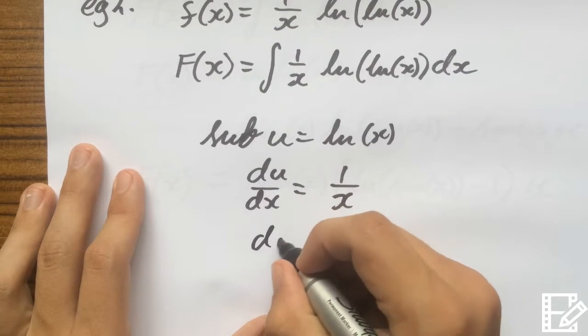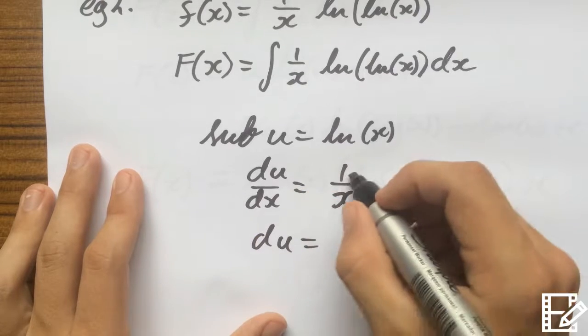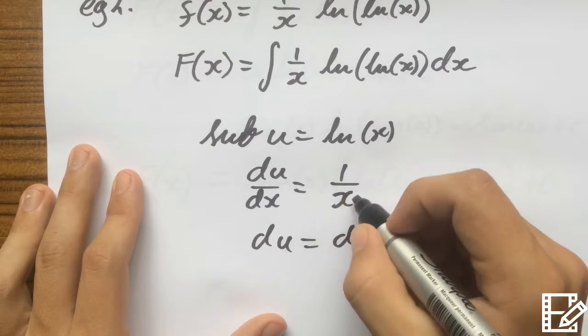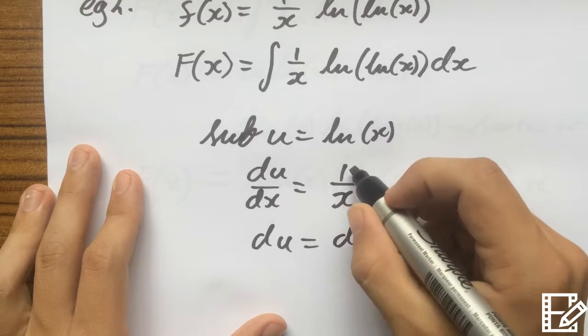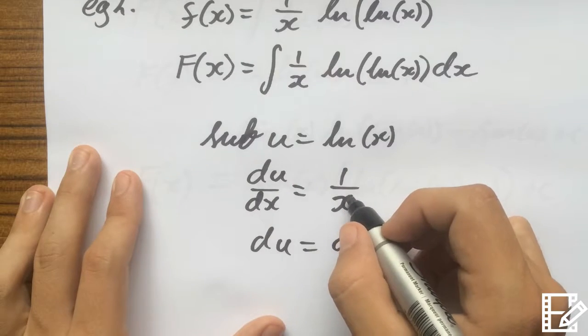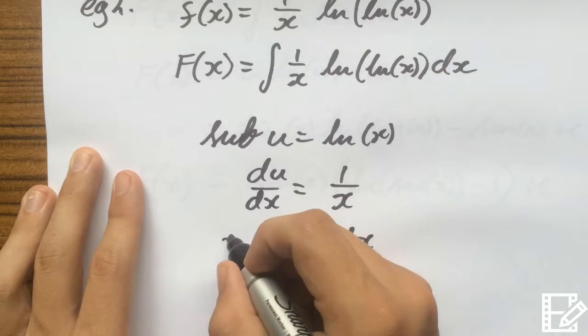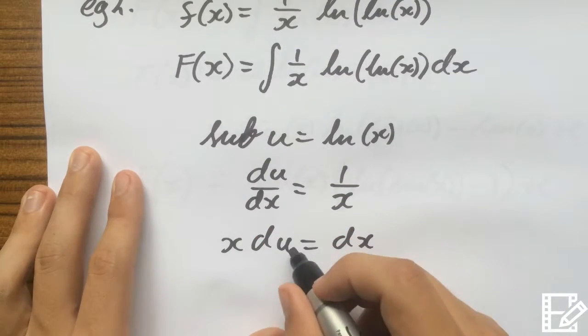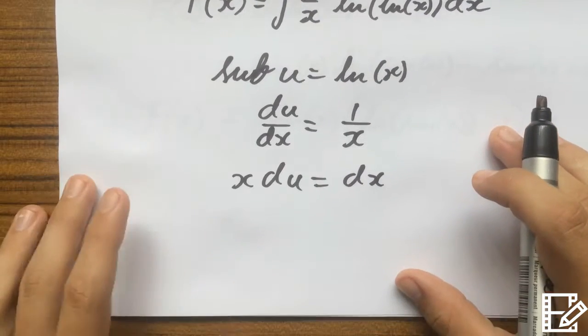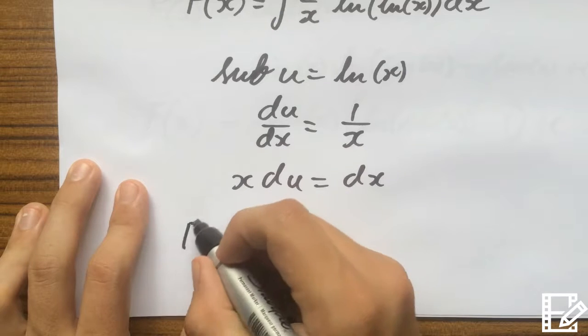So we have du, we multiply dx up, and because it's 1 over x, it's already on the bottom. So the way to get it on this side would be to multiply it up. So we'd end up with x du equals dx. Okay, I'll show you why that's good news.